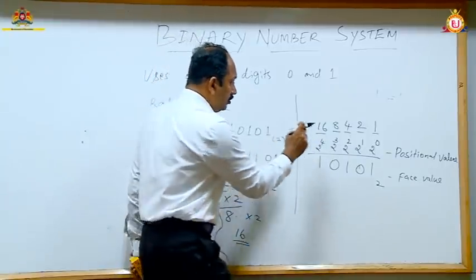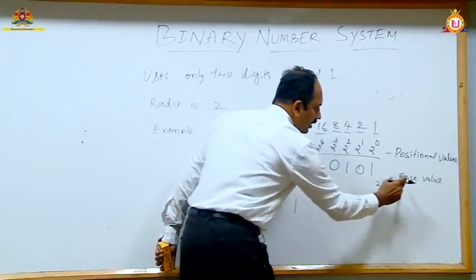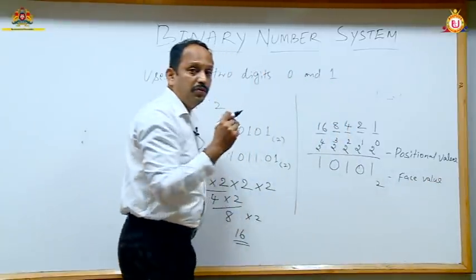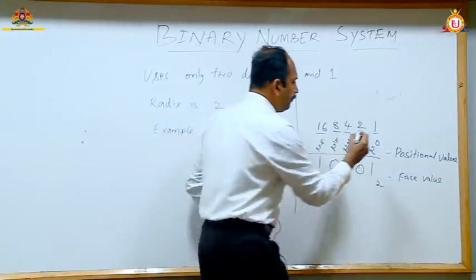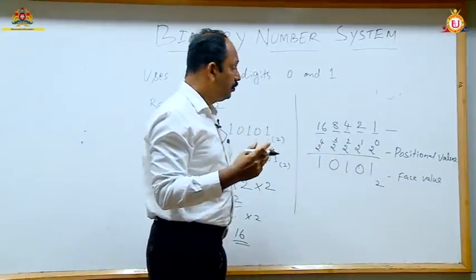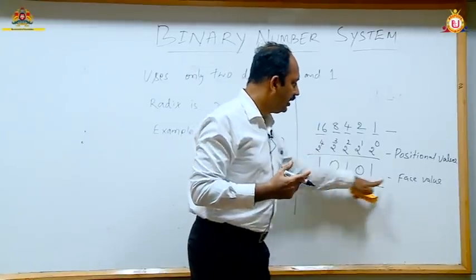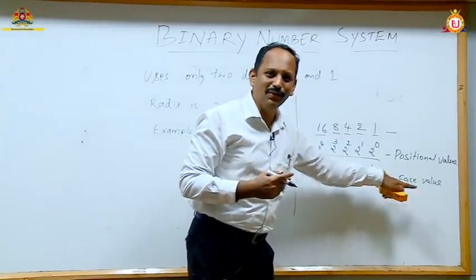Right? Now this value should be multiplied by the face value. Multiply to which value? Positional value should be multiplied with the face value.